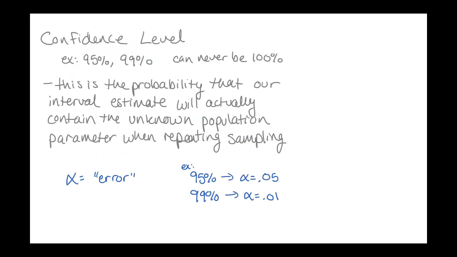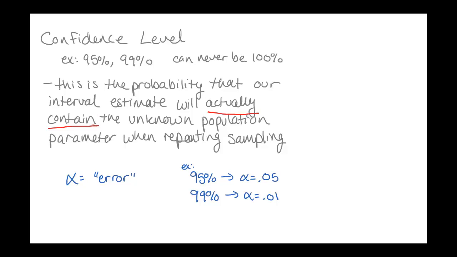So built into a confidence interval is what's called a confidence level. And typically these are percentages around 90, 95, 99. Those are very common confidence level percentages. This confidence level is the probability that our interval estimate will actually contain the unknown population parameter.